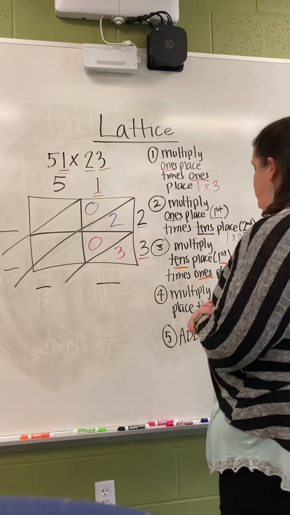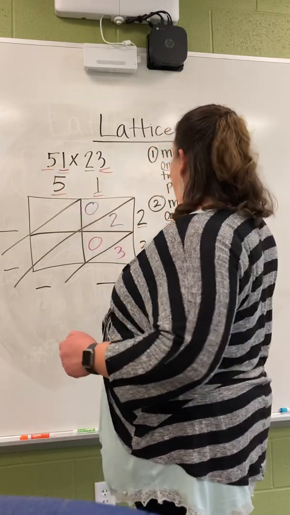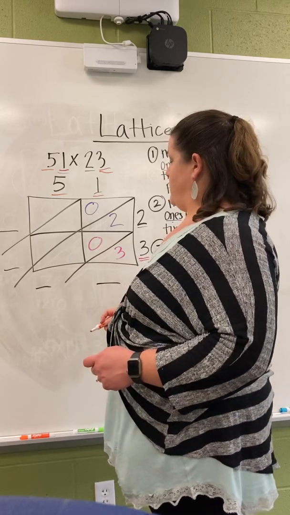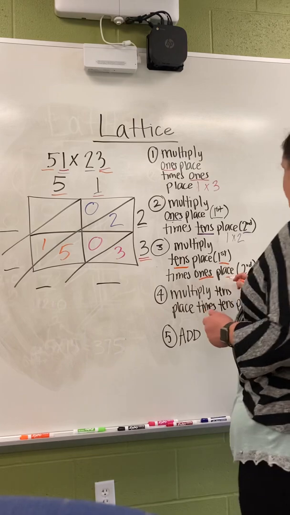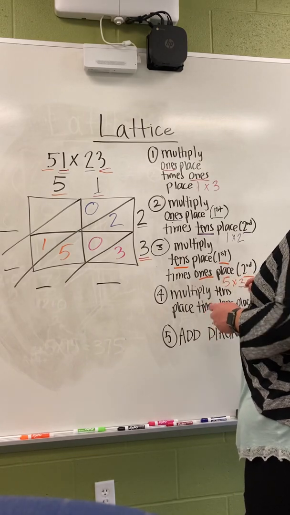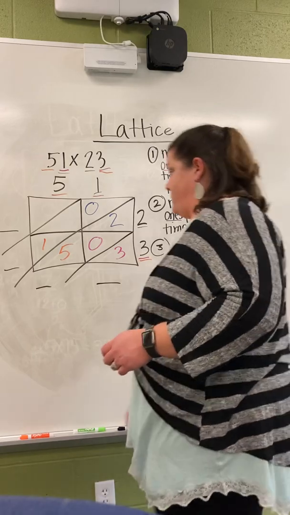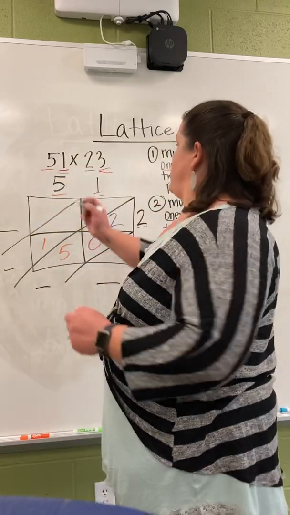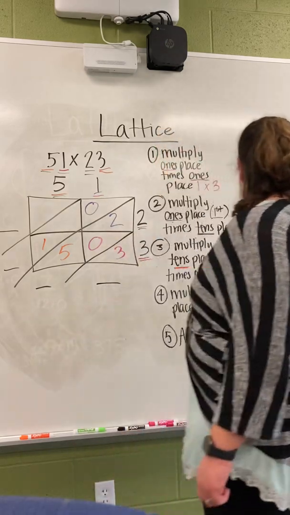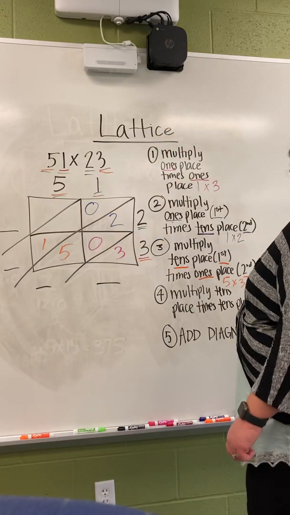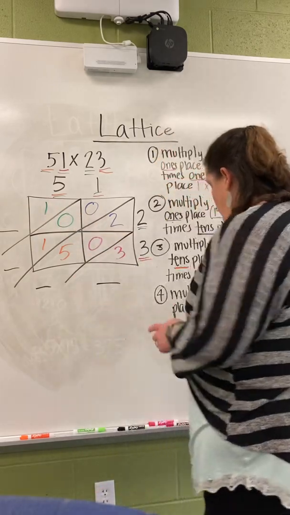Third step, 5 times 3. 15. And last step, 5 times 2. Which is 10. And then we add our diagonals.